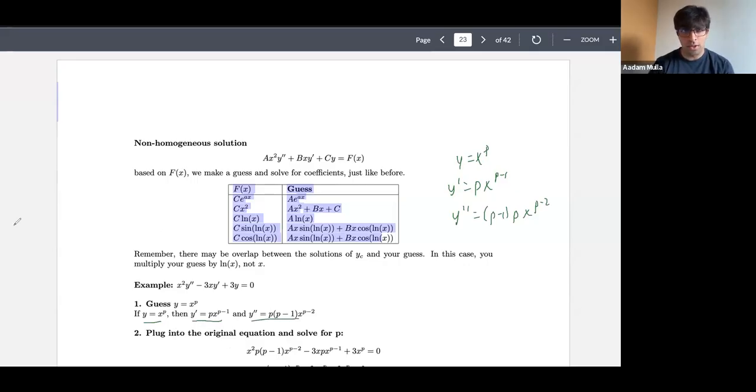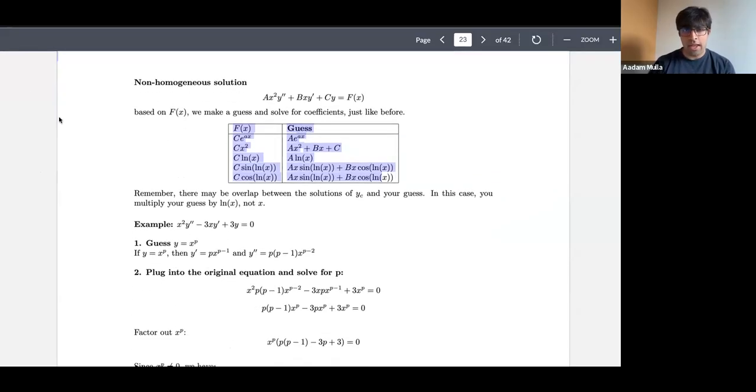Then we plug into the original equation, and notice how things are going to cancel out. So we're going to get x squared times y double prime, minus 3x times y prime plus 3y equals 0. And because you have x squared and x to the p minus 2, that's going to turn into x to the p.